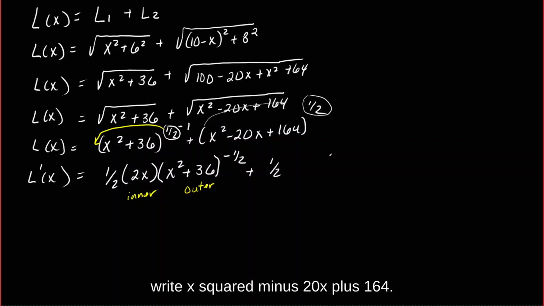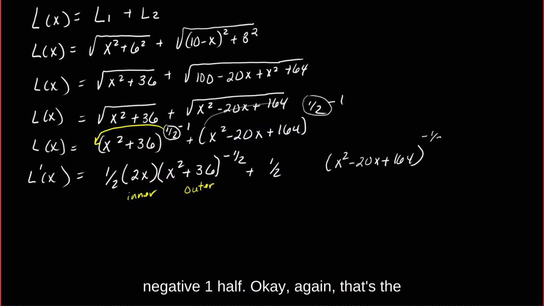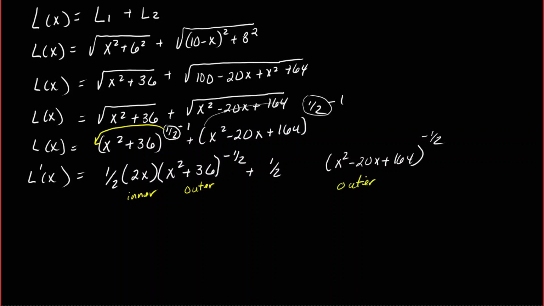I'm going to write x squared minus 20x plus 164. If I subtract 1 from 1/2, I get negative 1/2. Okay, again, that's the outer. And the inner, if I take the derivative of x squared minus 20x plus 164, I get 2x minus 20. So that would be the inner.